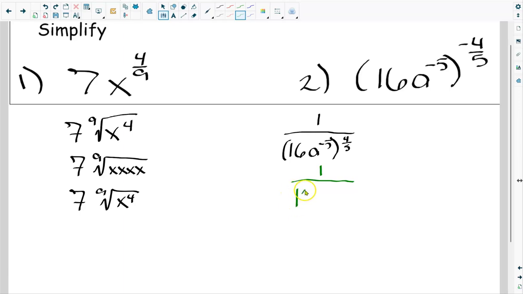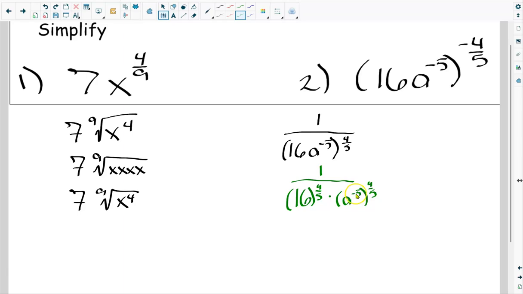We're going to now have 16 to the 4/5 times, I guess we can put this in parentheses, a negative 5 to the 4/5. Now, notice what's going to happen here.